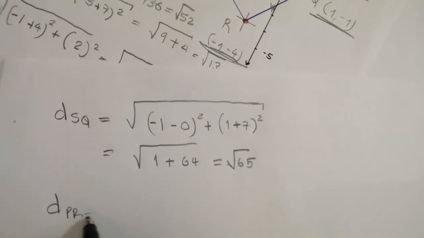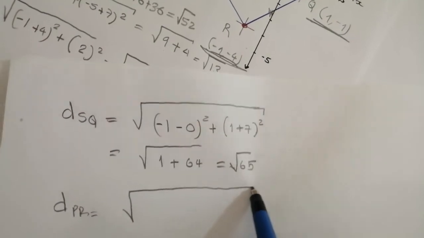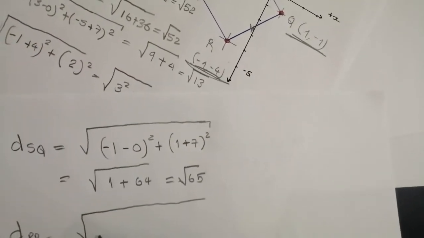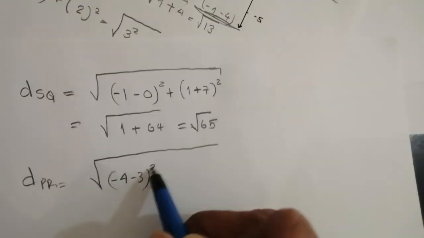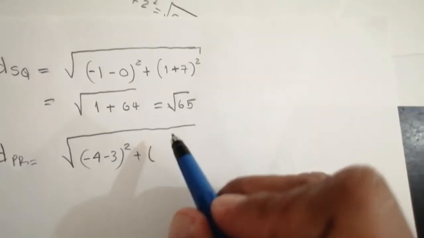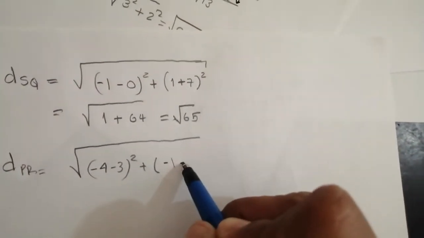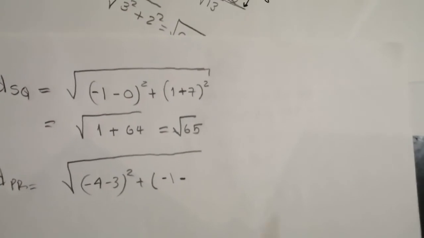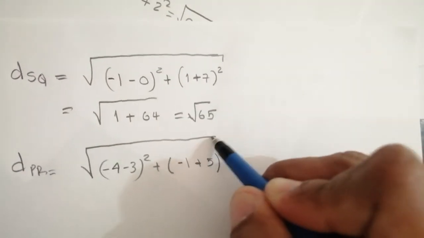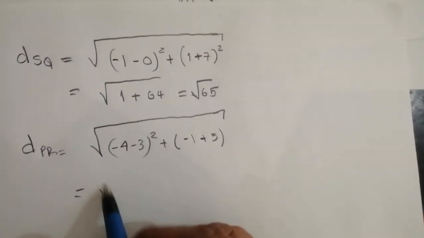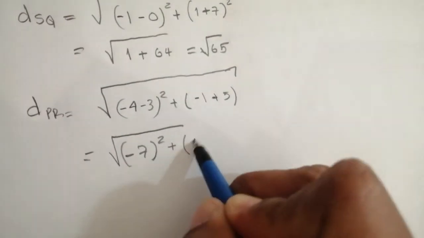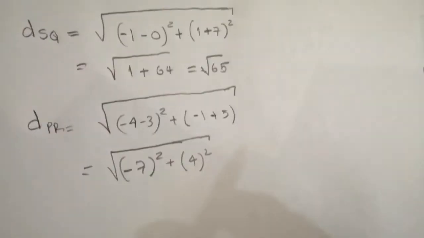Now I need to find also the diagonal PR. The vertices for PR will be (-4 minus 3) squared plus (-1 minus -5) squared, and negative 1 minus negative 5 is negative 1 plus 5. So what I have is the square root of (-7) squared plus 4 squared.